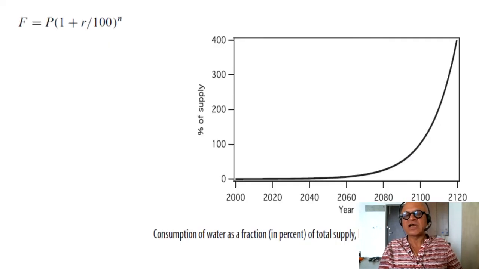So you can see how the use of a certain small fraction of the total supply in the beginning that keeps growing exponentially can quickly overwhelm, because at some point it turns exponential, and in 100 years you are consuming more than 100% of the supply. So in the beginning you might think you are only consuming 0.1%, so it's not a big deal, and then you keep increasing it, and then before you know it you are out of control.